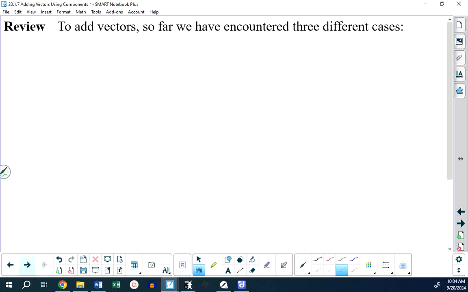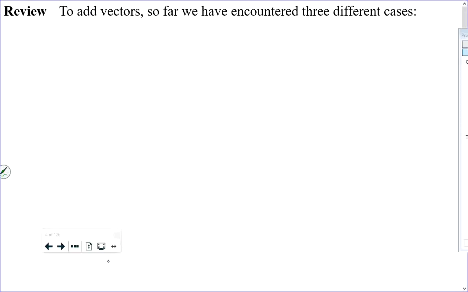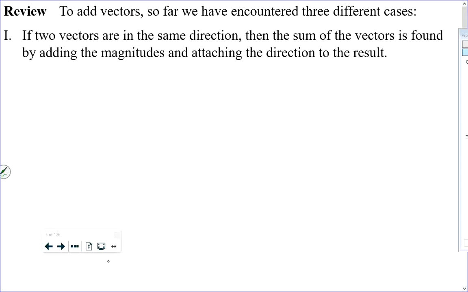So far, to add vectors, we've encountered the following cases. We've encountered a case where the two vectors are in the same direction, correct? Now, I just looked at this file this morning, and it's going to be a click-through thing today. If I said to you, what is 35 kilometers west plus 55 kilometers west, since the two vectors are in the same direction, you're simply going to add the numbers together.